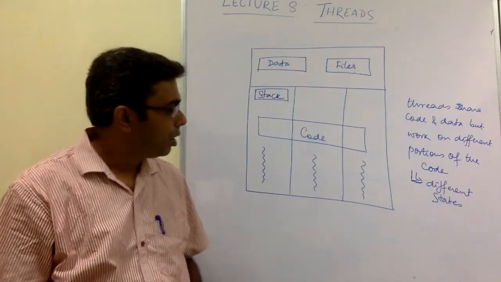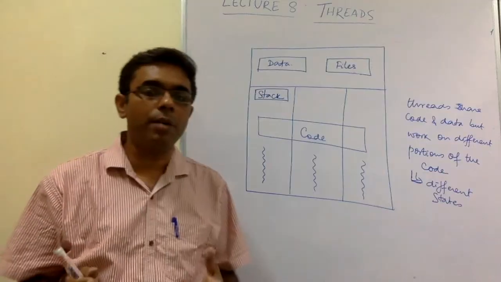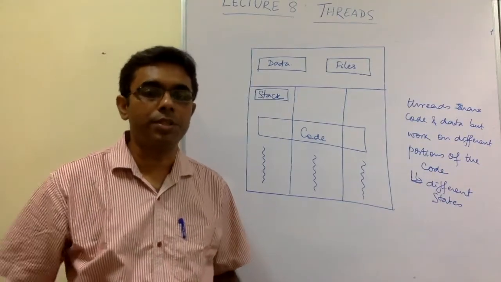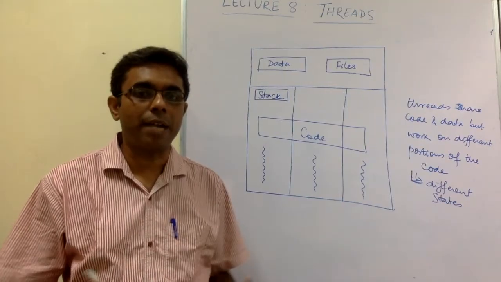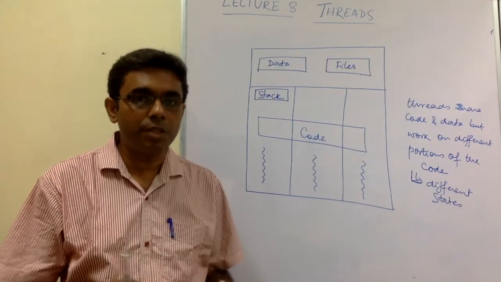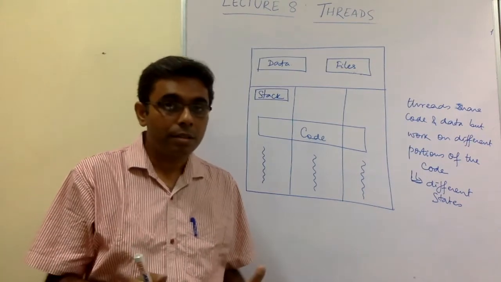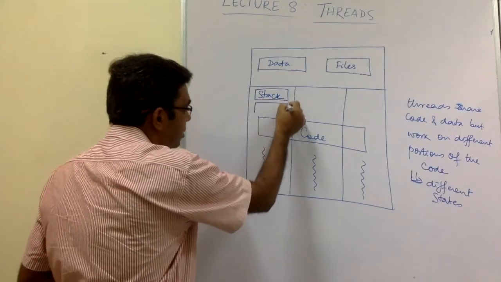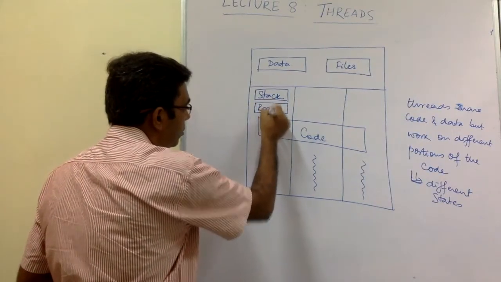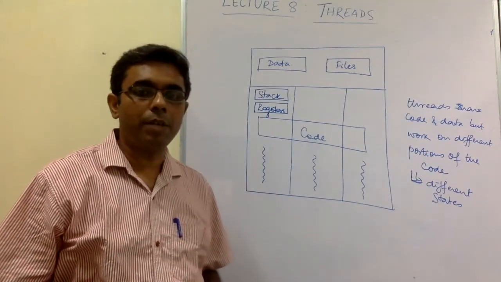What else? As we said, they have different states, and the state is actually governed by the content of the CPU registers, important registers such as the program counter and stack pointer. The values of these registers define the state of a particular thread. Now, if that has to be saved, then the register contents have to be unique for that particular thread.